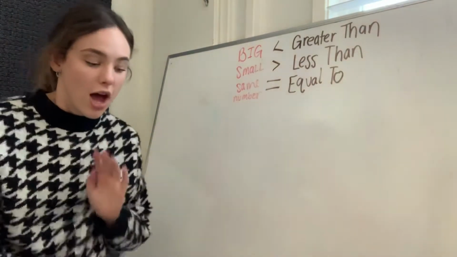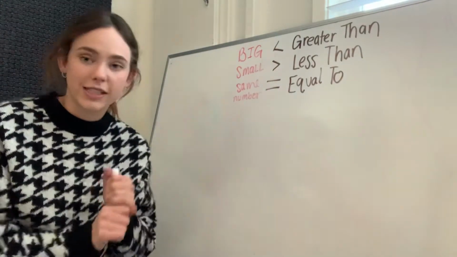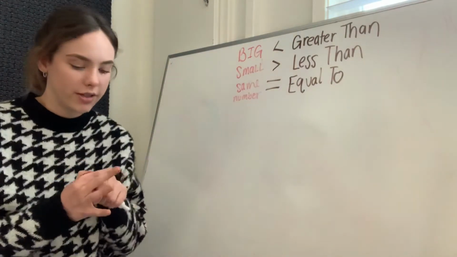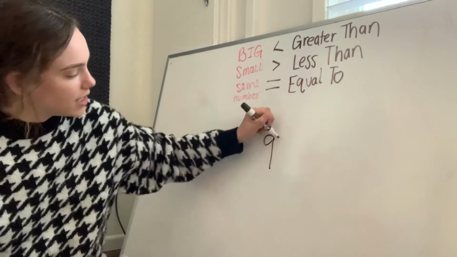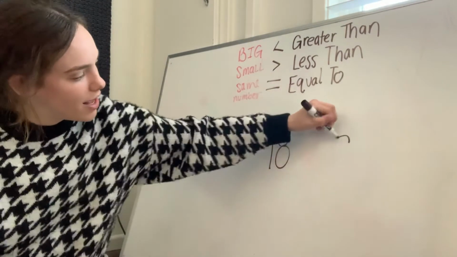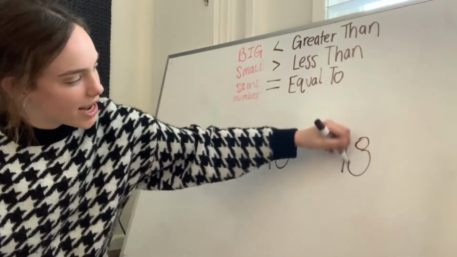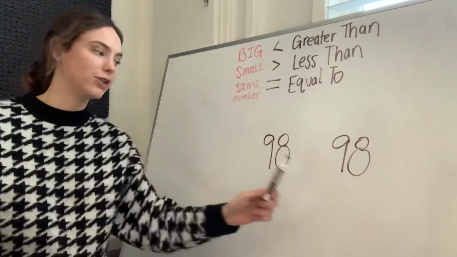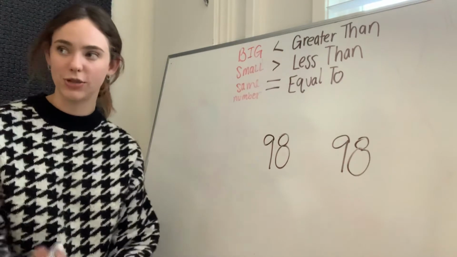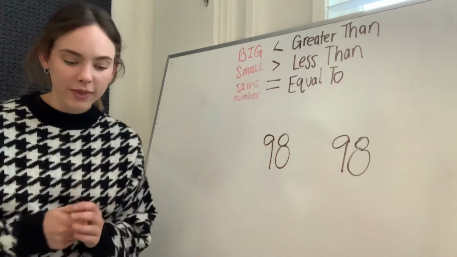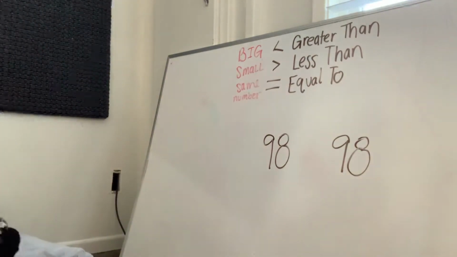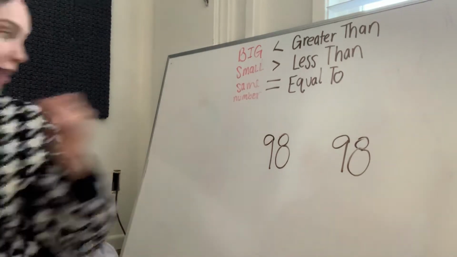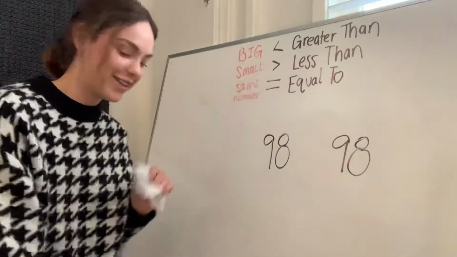You did good. Okay, we haven't done one of these yet, so let's see if you can figure it out. We have 98 and 98. Write the correct symbol that goes in between these two numbers. Okay, great job. You got it.